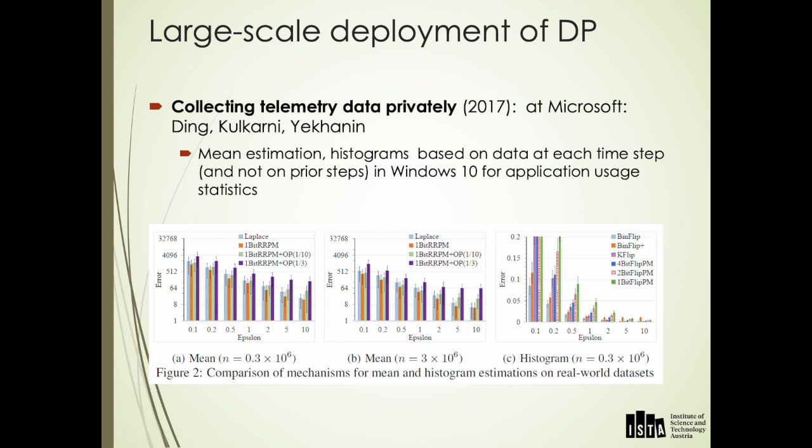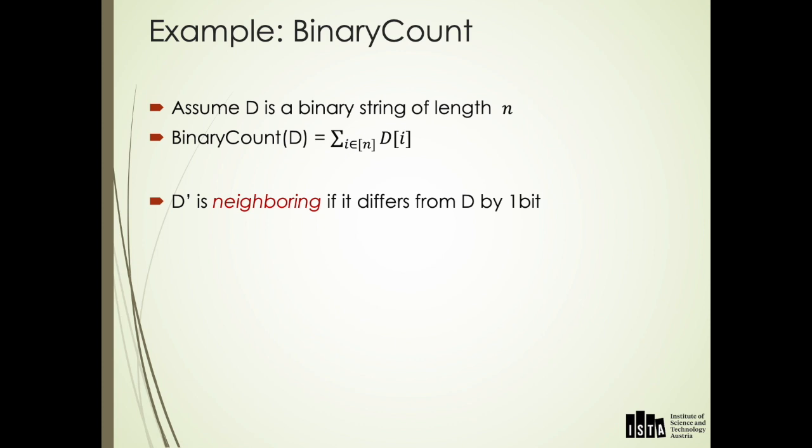And so now let me switch back and tell you a little bit more about the theory behind it. I said in the static setting, the most simple problem that we are going to look at is binary count. Here you have a binary string D of length n, so think of n users, and you want to figure out the sum, the number of ones in the string.